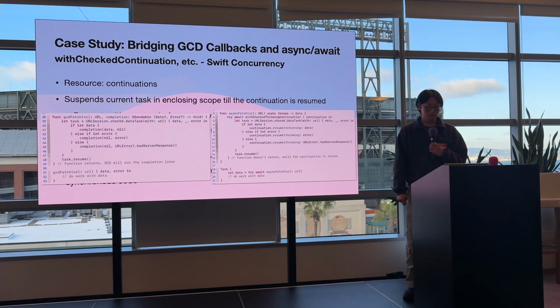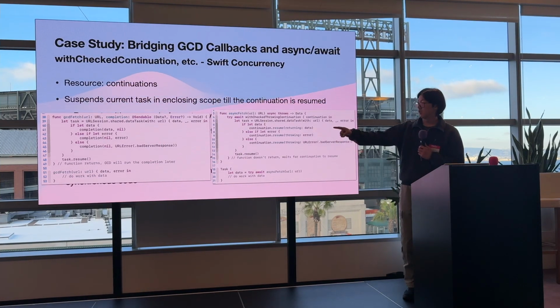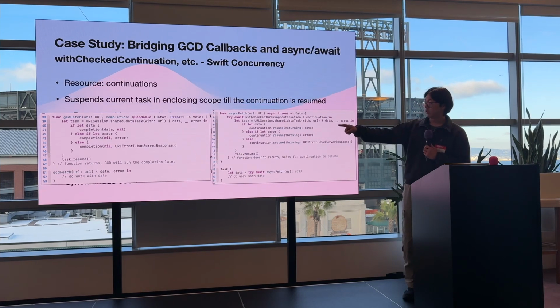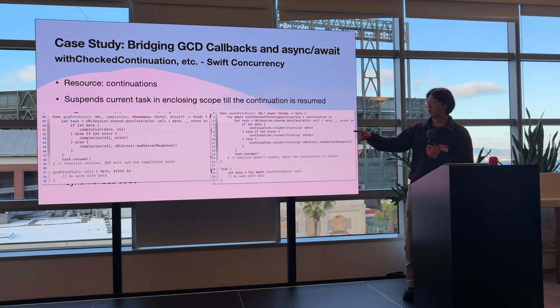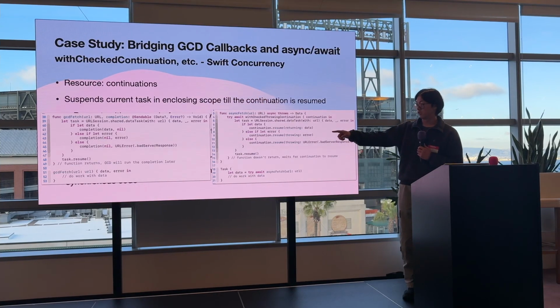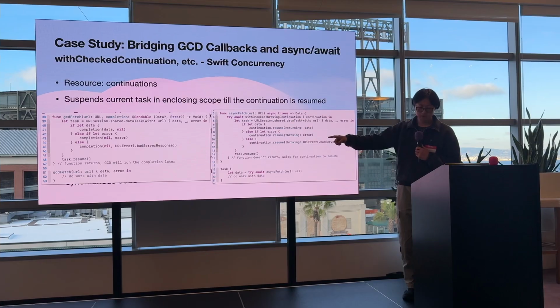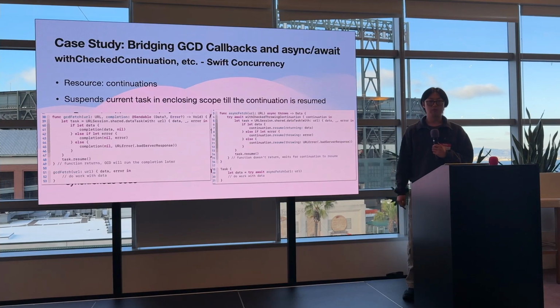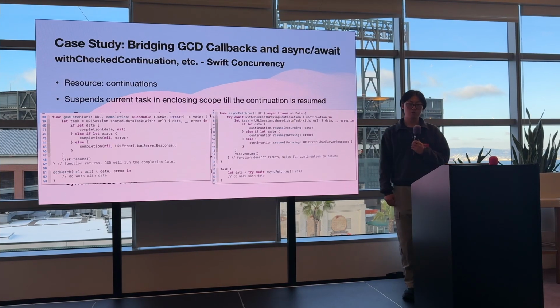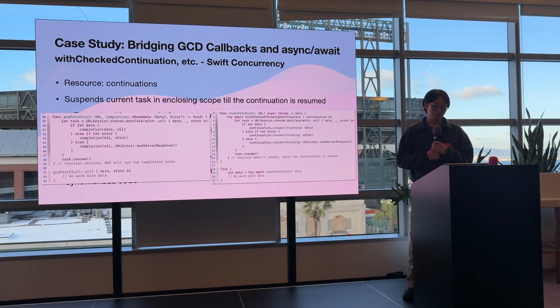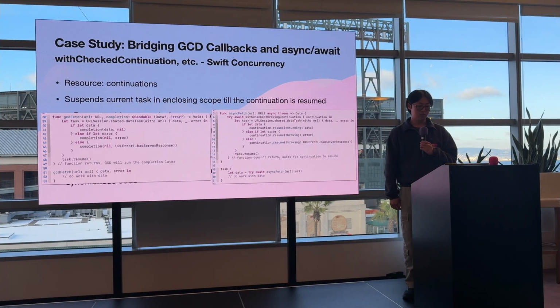What's different here is that by the time you hit line 49, task resume, on the left, this function will return immediately and will immediately start executing the lines under line 53. GCD will call your completion when it's done downloading this data, but you're not waiting for it.